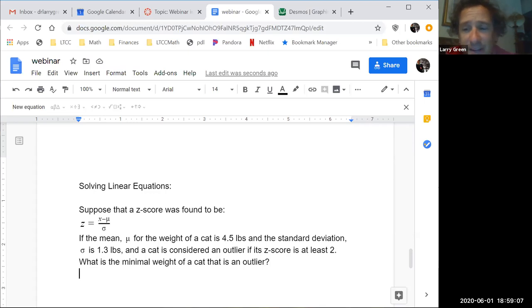Okay, so what's the first thing we do? Any ideas? Okay, if you don't know, first thing you do is plug in all the numbers that are given. So we have z equals x minus mu over sigma, and I'm just going to copy it and paste it to show you that I'm plugging in. Do we know the value of z?